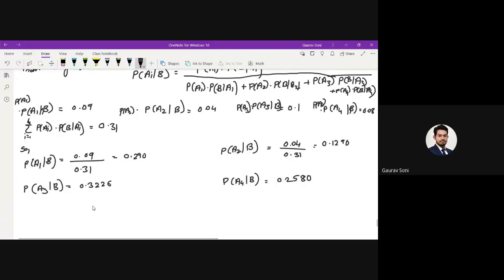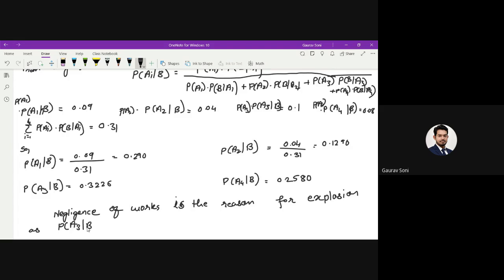Negligence of workers is the reason for the explosion, as the probability of A3 when B has occurred is the highest.